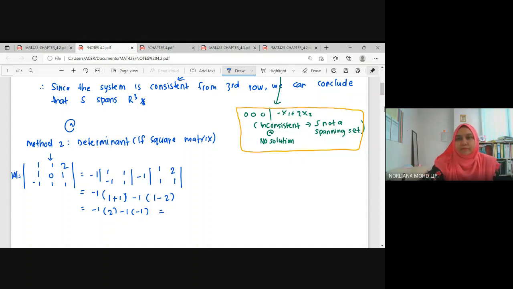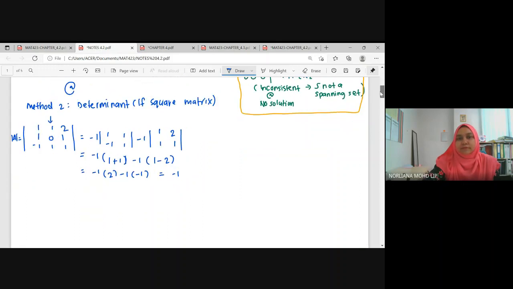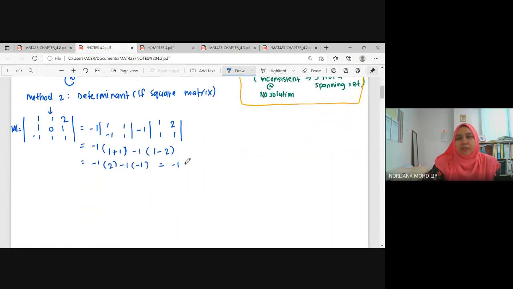Negative 1. Okay, negative 1 is not equal to 0. Okay, therefore, boleh buat conclusion lah. Since determinant of A is not equal to 0, therefore S spans R3.